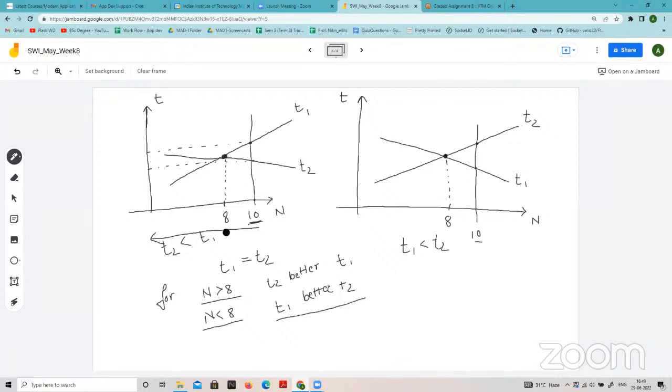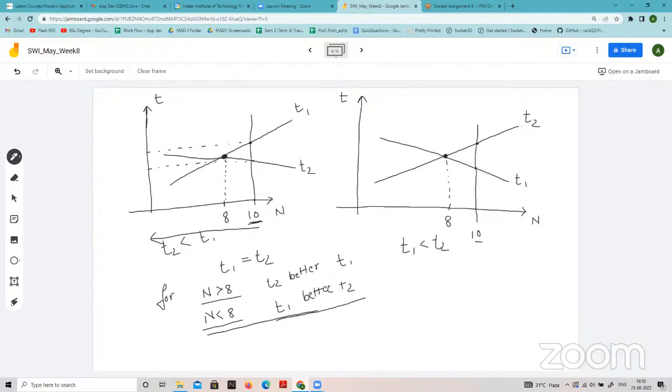Now I'll try to explain the actual condition. Let's take one statement. I'm saying that T1 is better than T2 if I'm making sure the input size is always less than 8, right?